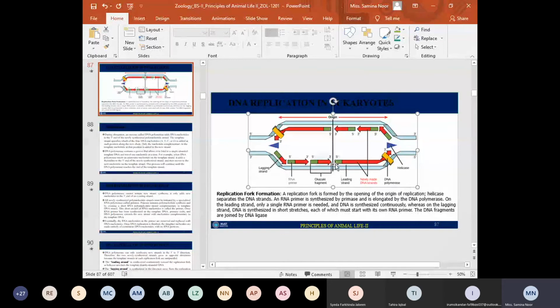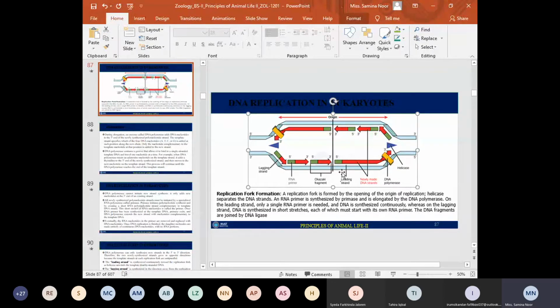So if the new strand is synthesized from 5' to 3' direction, it means the DNA polymerase adds nucleotides to the already existing chain which is from 3' to 5' in direction. So DNA polymerase starts the addition of the new nucleotides at the 3' end of the template. So the complementary new strand is from 5 prime to 3 prime.